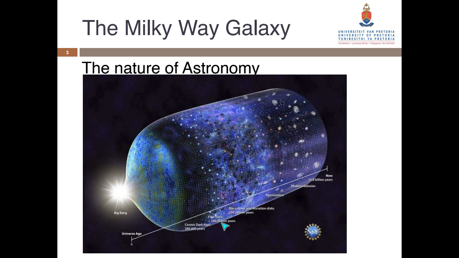Black holes and accretion disks appear at 250 million years. The reionization is happening here. Then we have modern galaxies, and then 13.8 billion years later is where we are currently. So now from this, we need to determine what is the next step, or where do we fit in?